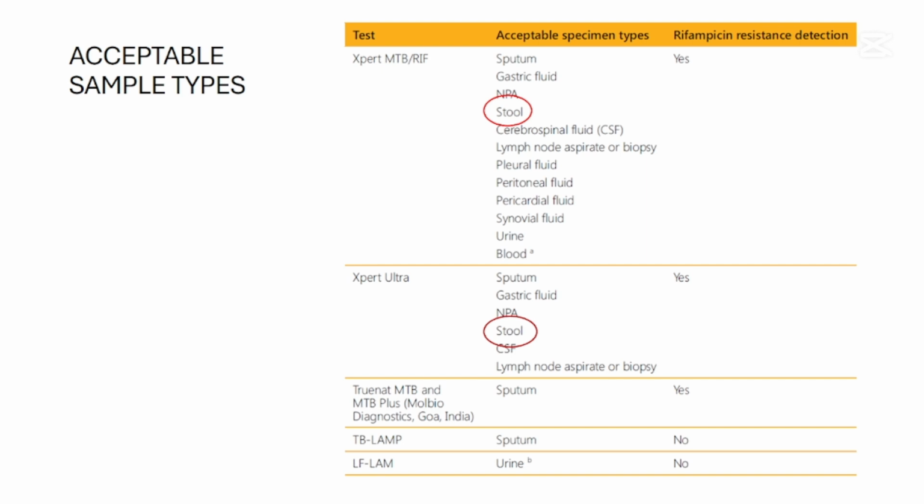And the most recent WHO guidelines introduce sampling for GeneXpert and Xpert Ultra from stool samples, because children usually swallow their sputum overnight and in the early morning. That's why we take early morning gastric aspirate. So instead of that, we can do GeneXpert and Xpert Ultra on stool samples, and it can detect the TB genome, and it is practiced in other countries, not yet in Sri Lanka.